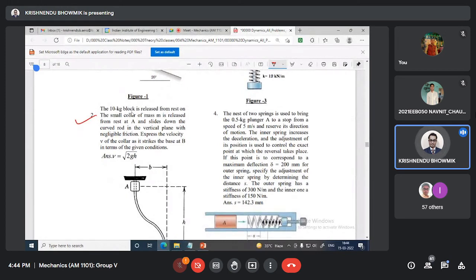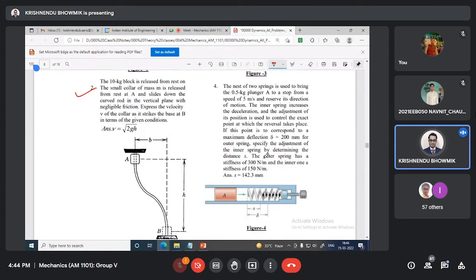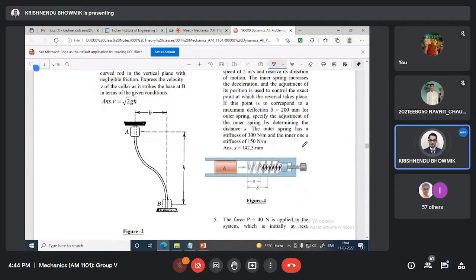Now there is a 10 kg block that is released from rest on a small collar of mass m, and it slides along the curved path. Express the velocity of the collar when it strikes the base. So there is no friction.